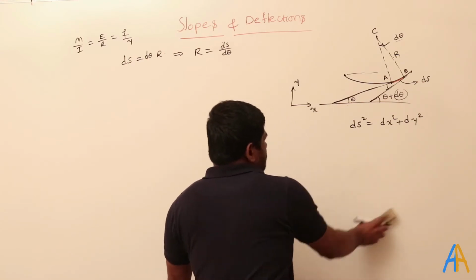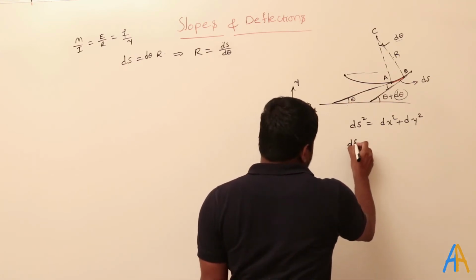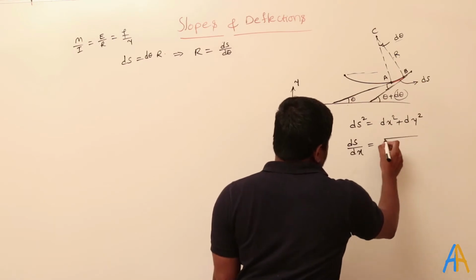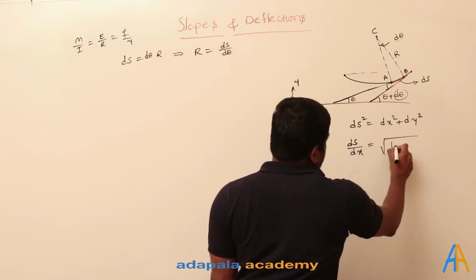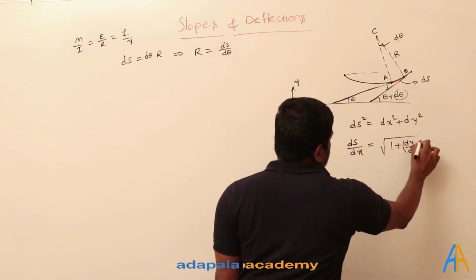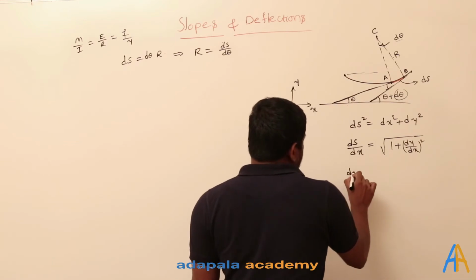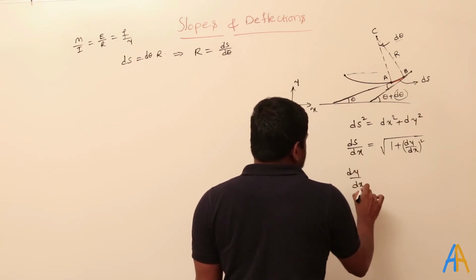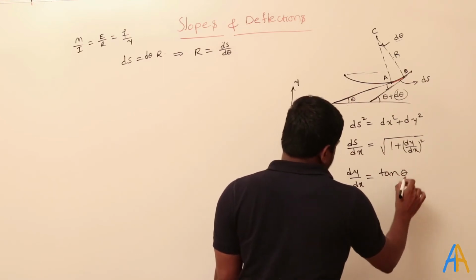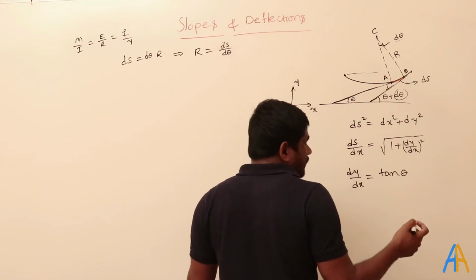Then here I will write ds divided by dx equal to square root of 1 plus dy by dx whole square. I took dx common, and dy by dx is nothing but tan theta.